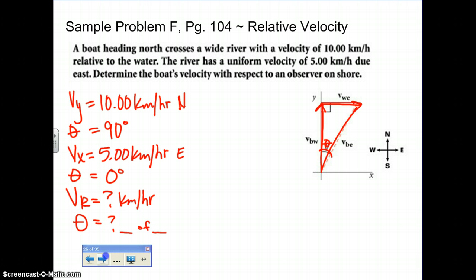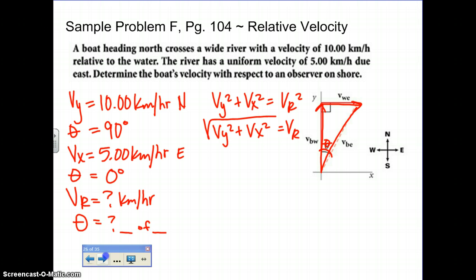Okay, so to solve for the magnitude, we want to use your v sub y squared plus v sub x squared equals v sub r squared. So the square root of v sub y squared plus v sub x squared equals v sub r. Please put this in your calculators. 10 squared plus 5 squared equals, square root, second answer, equals.